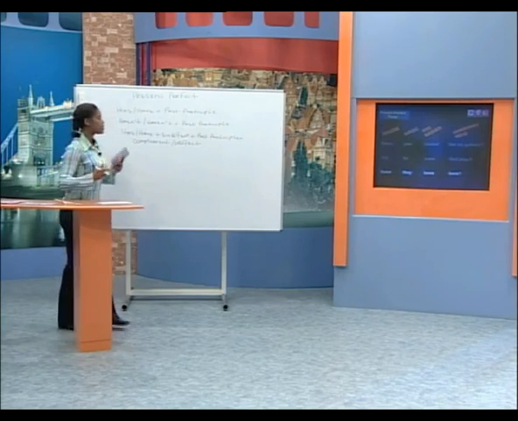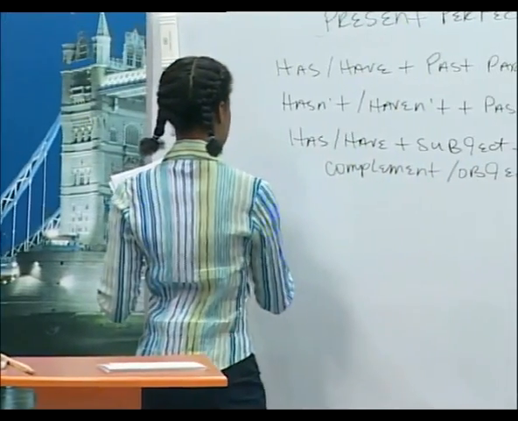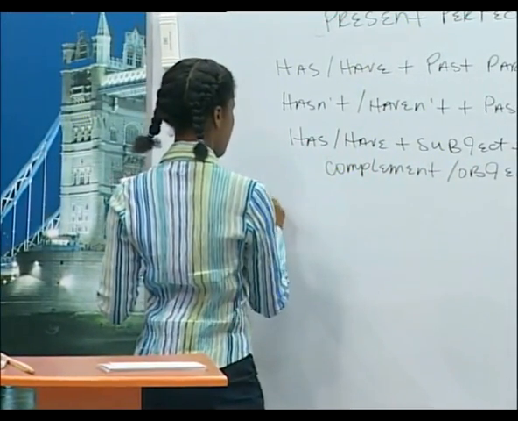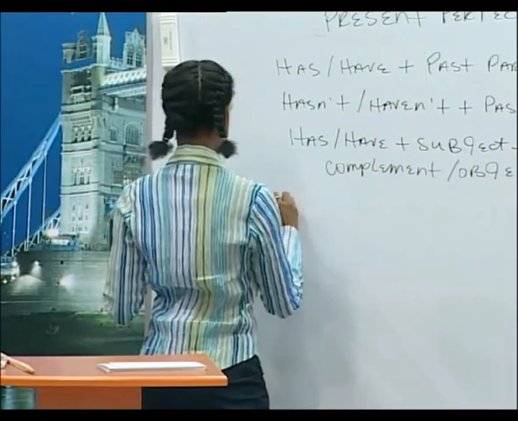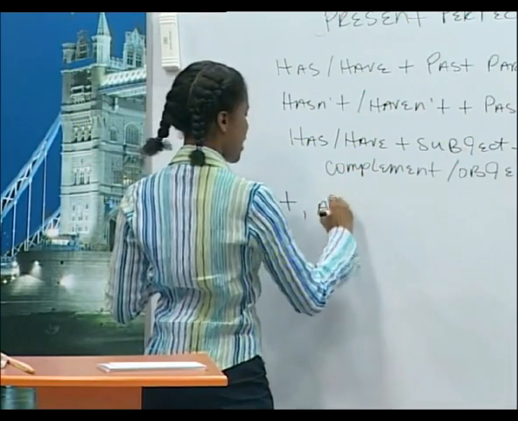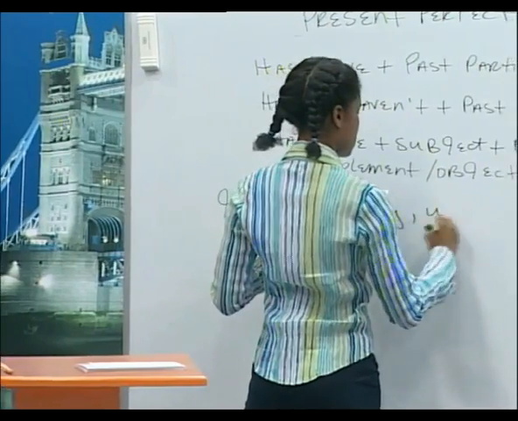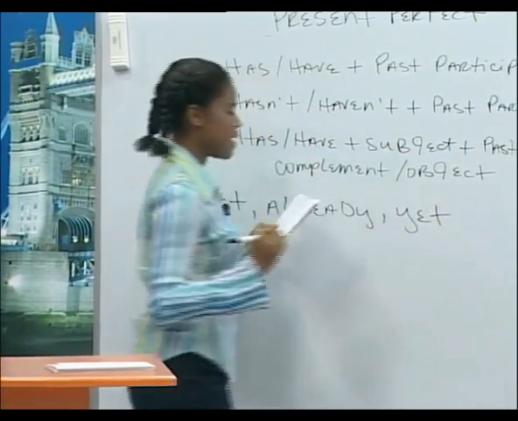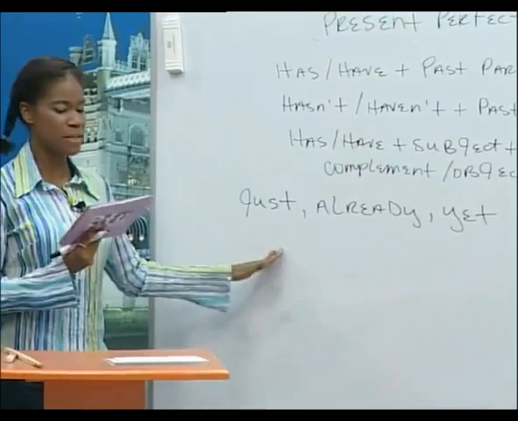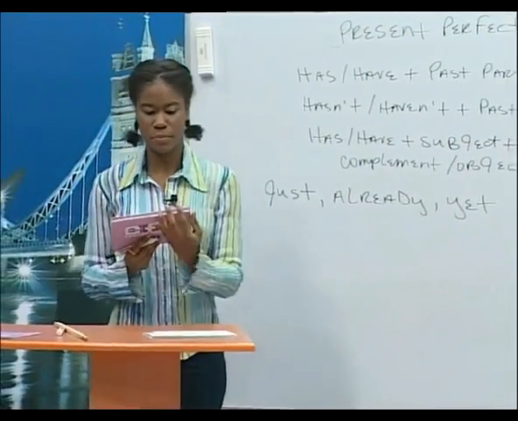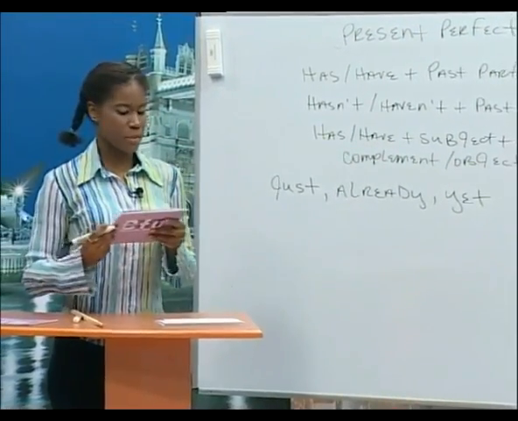Now we can also use some words to help us to know it's going to be present perfect. For example, just, already, and yet. Okay, just means a short time ago. For example, he has just arrived at the theater.